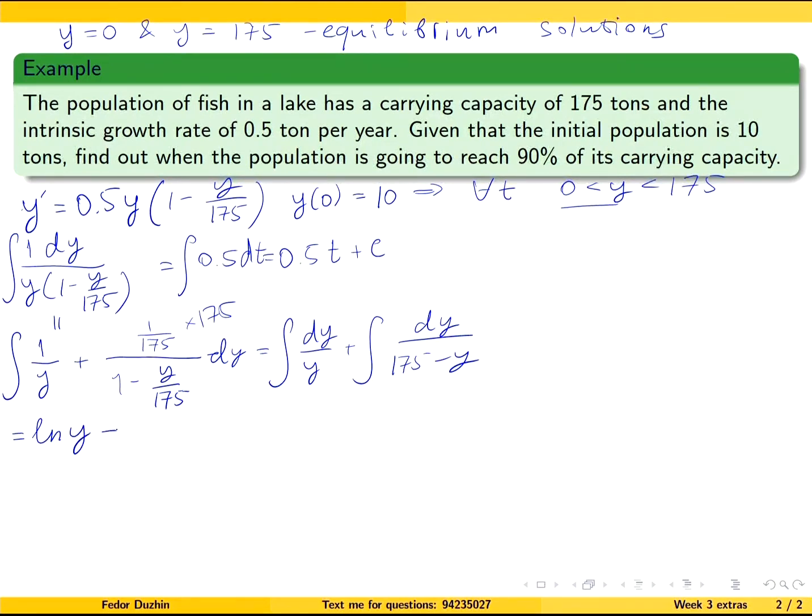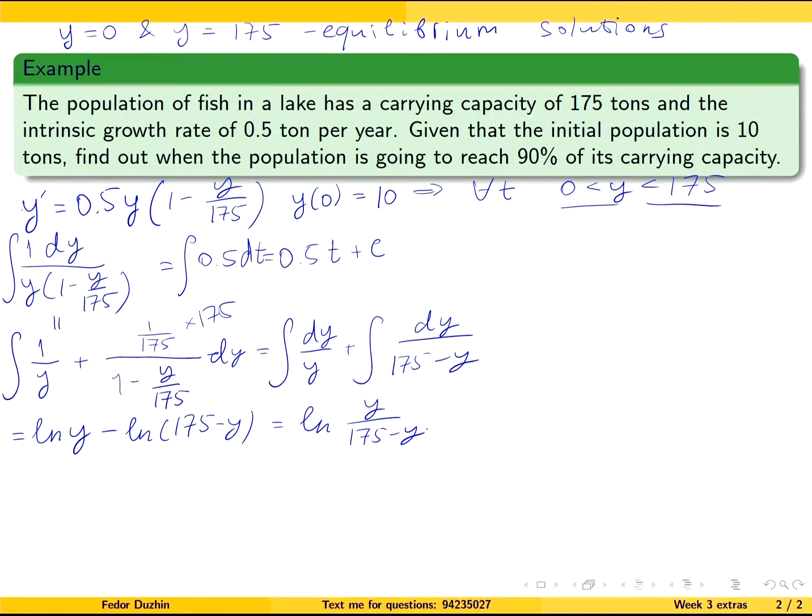Then the antiderivative of 1 over 175 minus y is again ln of the absolute value, but since y is less than 175, I'll just write it without the absolute value, since 175 minus y is positive. And this is of course ln of y over 175 minus y. Okay, good.